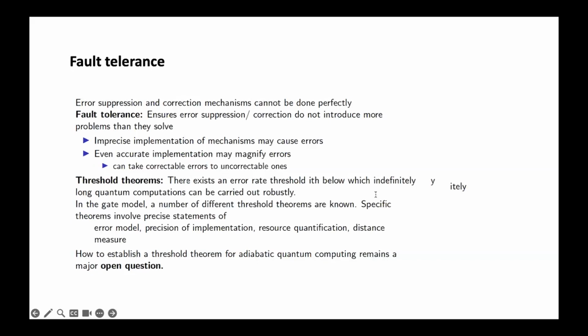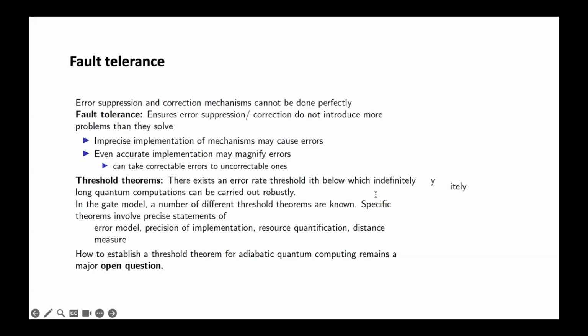Of course, the next topic that is of interest in this context is that everybody knows that error correction cannot be done perfectly. So the field of fault tolerance came to the front, and fault tolerance ensures error suppression. The fear here is that by trying to do error correction, you may introduce even more problems and errors.